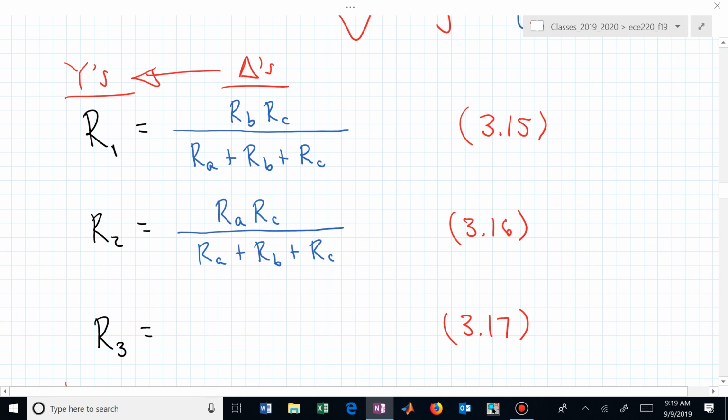You can now find Y's in terms of deltas. We're going now from alphabetical subscripts to numerical subscripts. Now we're assuming that we have our connection in a delta, and we want to find what it looks like in Y. And we talked about how we would find that.